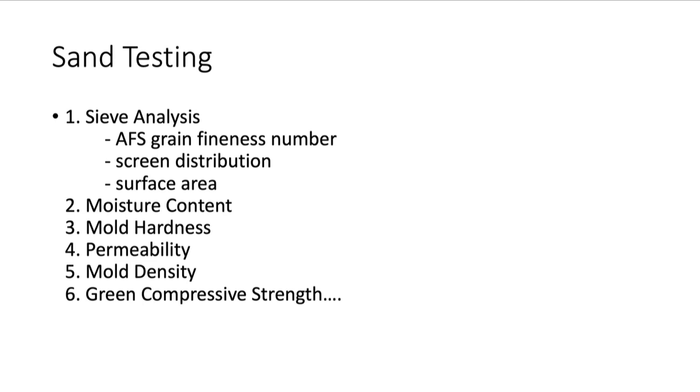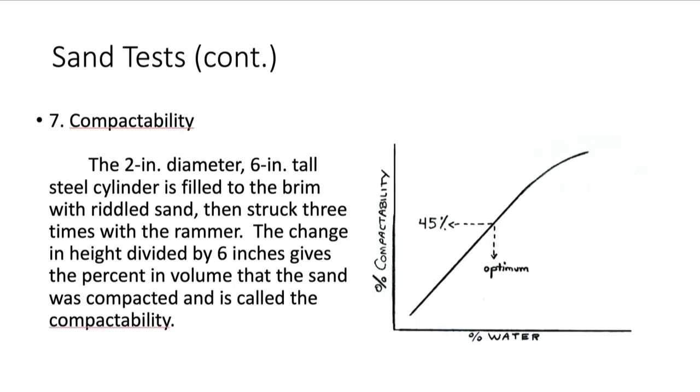Let's learn a little bit about another one called compactability. Hopefully you don't get this confused. I know it's very confusing, but you use the same 2-inch diameter by 6-inch tall sleeve. You basically fill it to the top with riddled sand, and then you strike it 3 times, and then you look at how much the height changed from the 6 inches you had in there to afterwards.